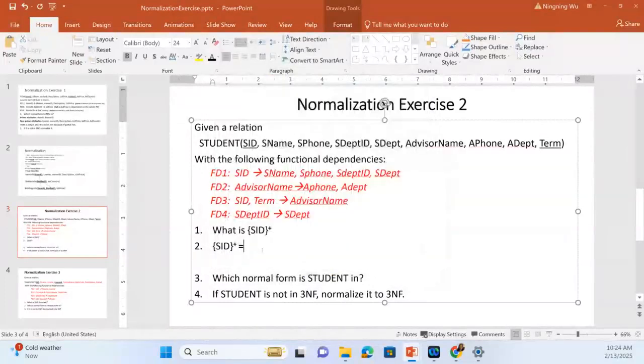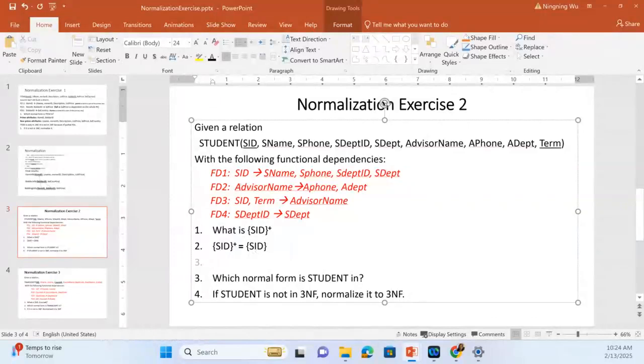Okay. So when we do the SID closure, we first initialize that closure with SID itself. And then we're going to apply any functional dependencies whose determinant starts with SID. So SID as determinant.